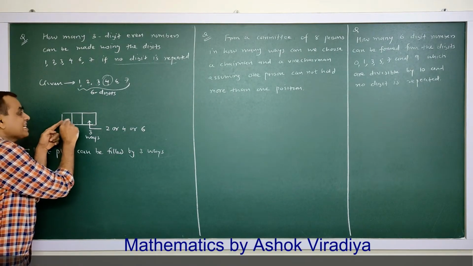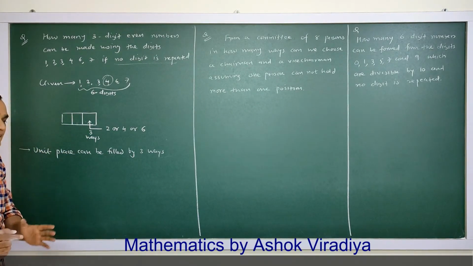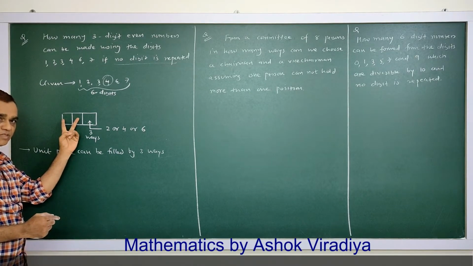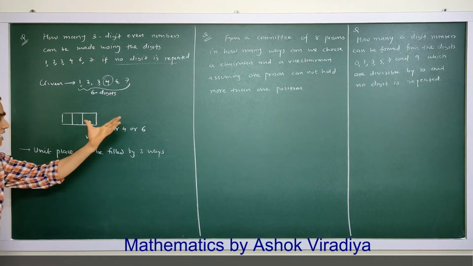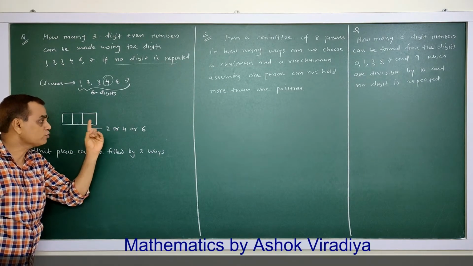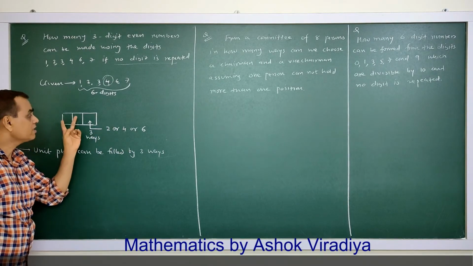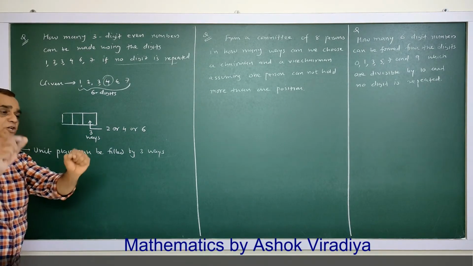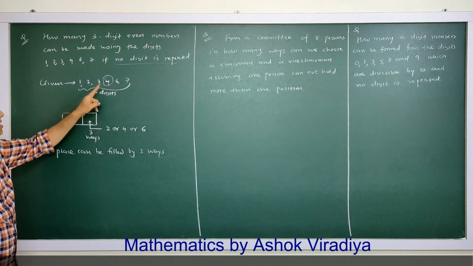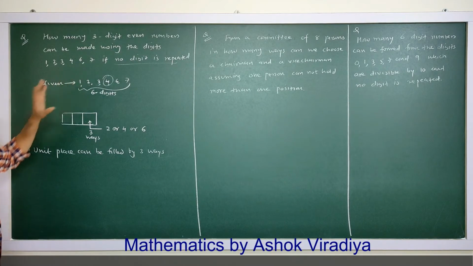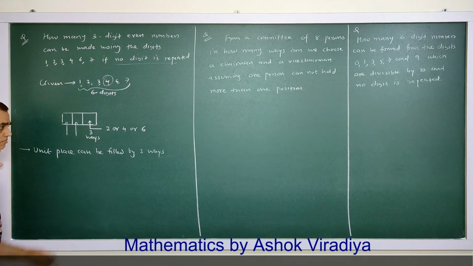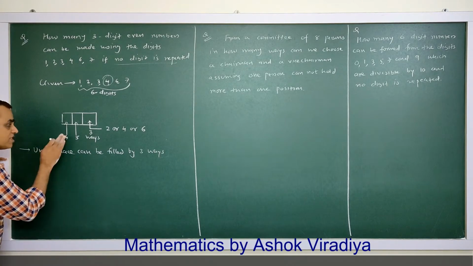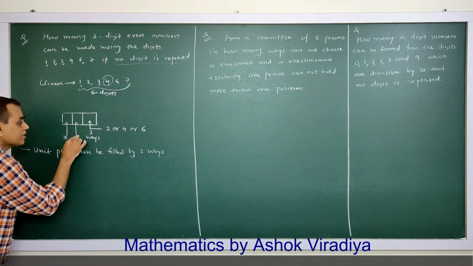Here in the first and second place, you can take any digit. Even is defined from the unit place, so you have to take care that the unit place is filled only by an even digit. Because it is without repetition, if 4 is taken, 5 are left, so this place by 5 ways and this by 4 ways. Otherwise, first place by 5 ways, then second place by 4 ways.